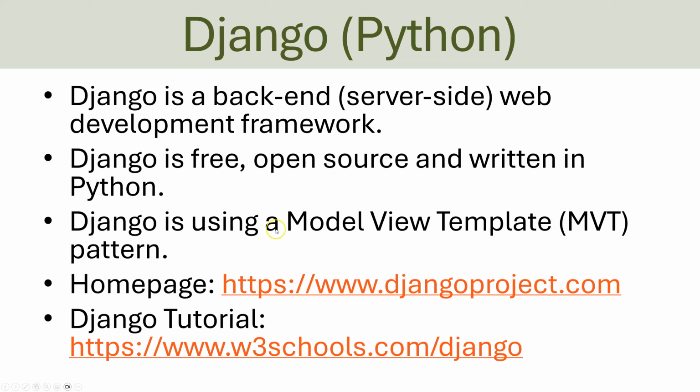Django uses a so-called model-view-template pattern. I will not give a detailed overview of Django here in this tutorial, but there exist lots of tutorials, examples, etc. on the internet, YouTube, etc. And you can also start by visiting their homepage. And also W3Schools has an excellent tutorial where you get started with this Django web development framework.